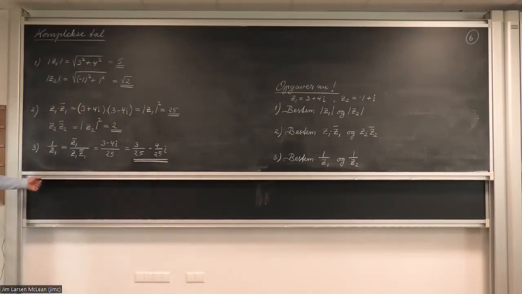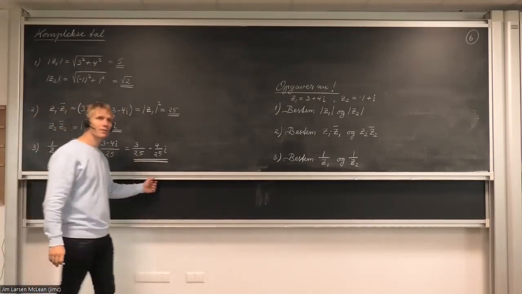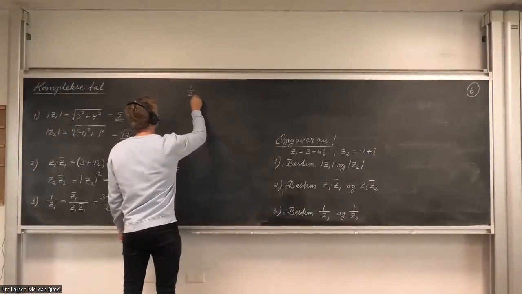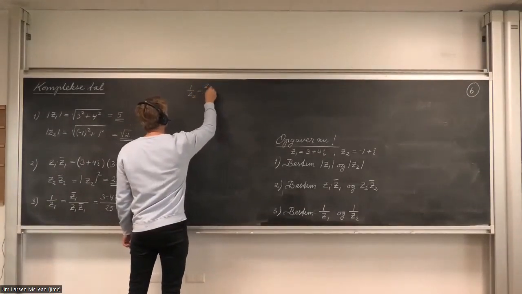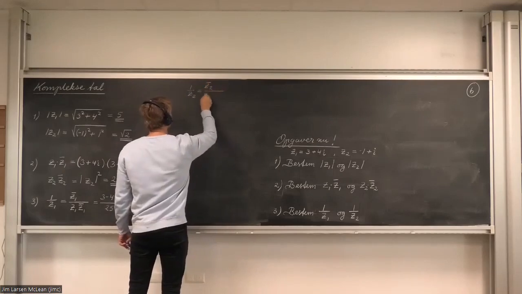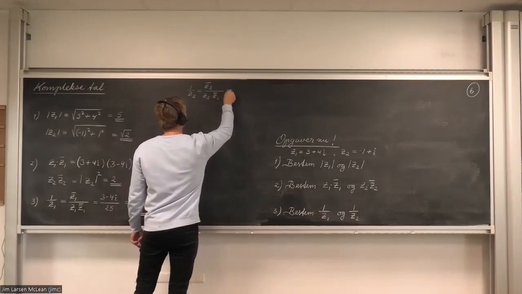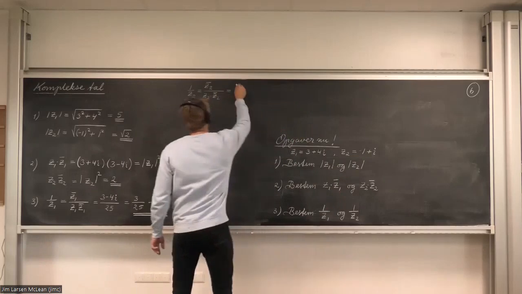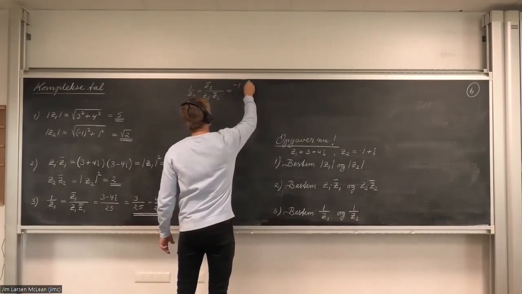So we're only missing the last question, which is to find the reciprocal of Z2. So 1 over Z2, and it's the same procedure again. It's Z2 conjugated over Z2 times Z2 conjugated. And Z2 conjugated must be negative 1, negative i, because I have to write the sign for the imaginary part.